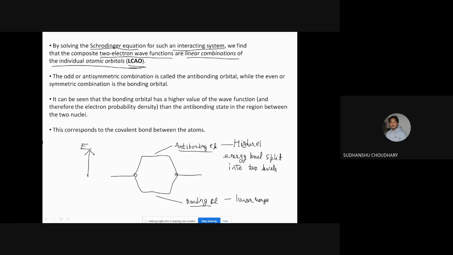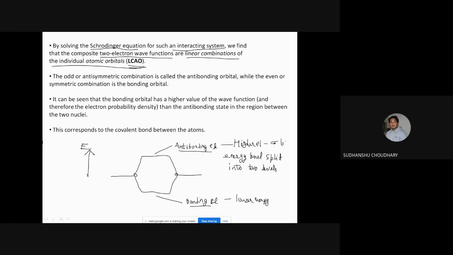Now this anti-bonding energy level contributes to a bond, right? So atoms are still here, right? So electrons associated with the atoms are also here, right? So now this anti-bonding energy level results in a bond which is called sigma bonds.